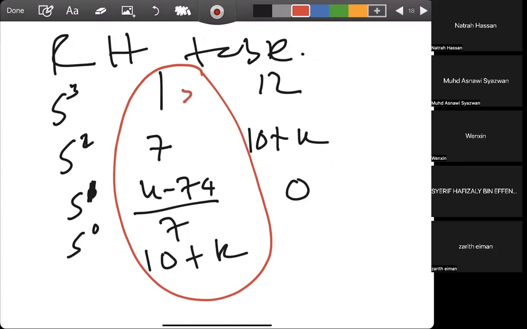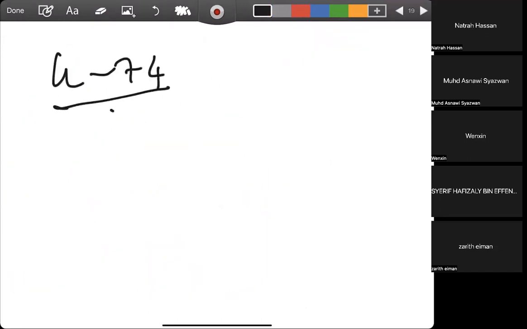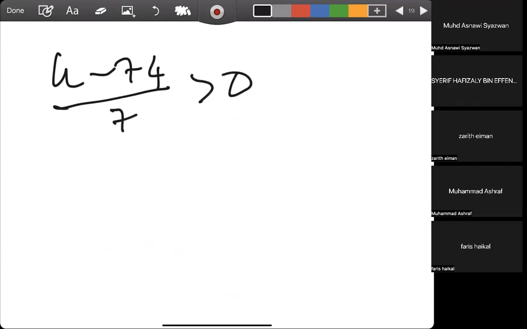So 1 is already greater than 0, and this one must be greater than 0. So (74 minus K) divided by 7 greater than 0.